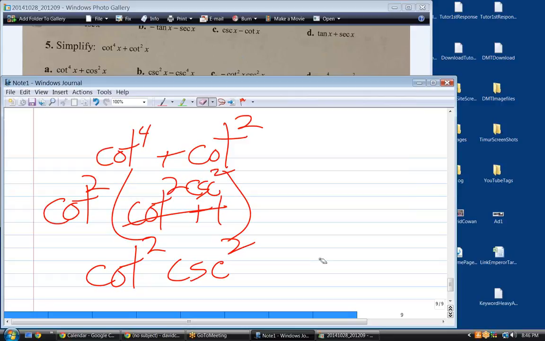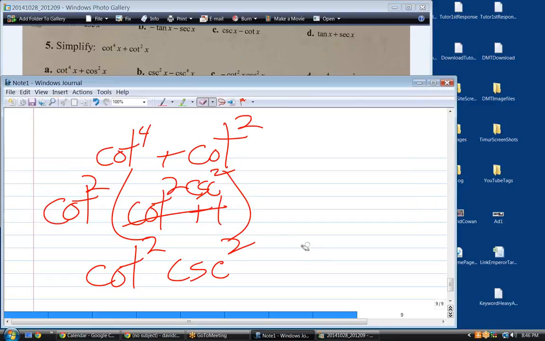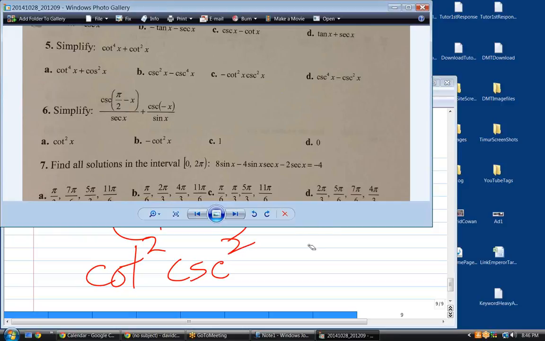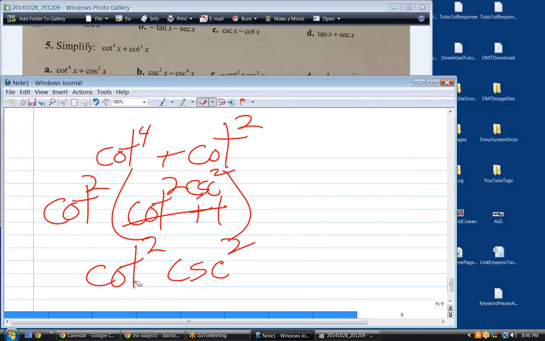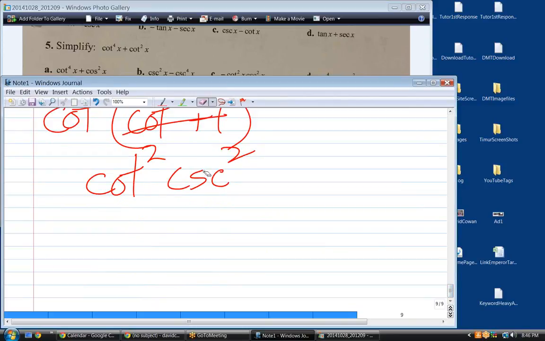Could it be that? Yeah, it could be that. Let's start with here, and now substitute for cotan squared. What's cotan squared equal?